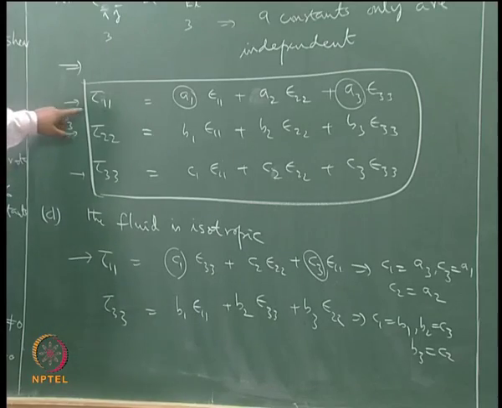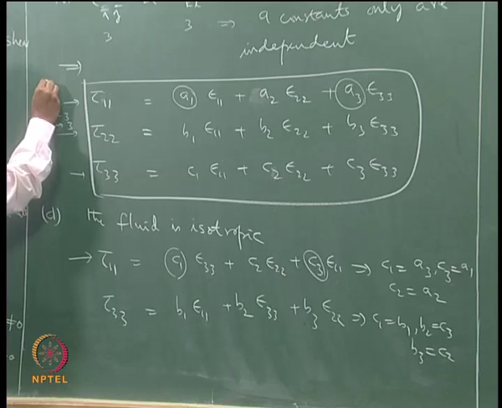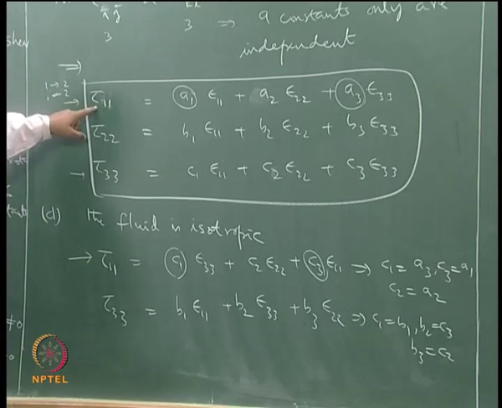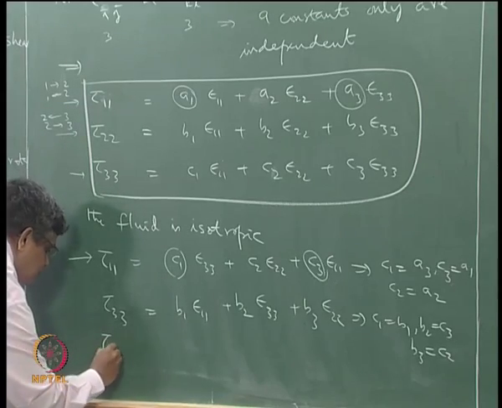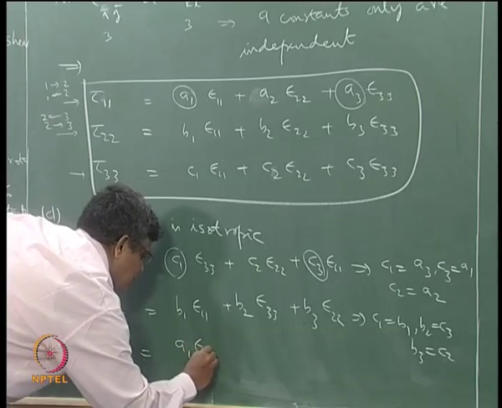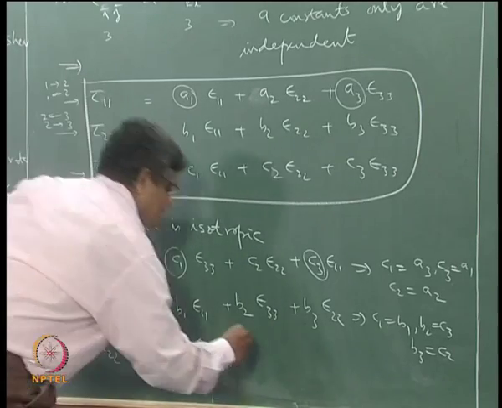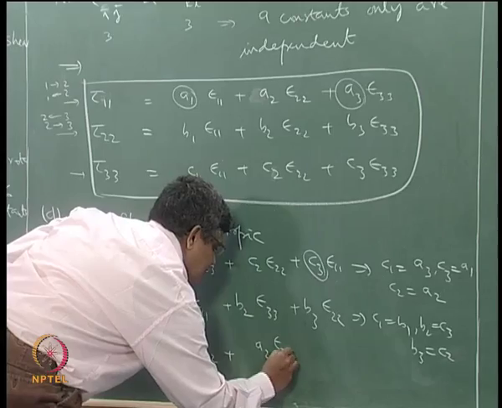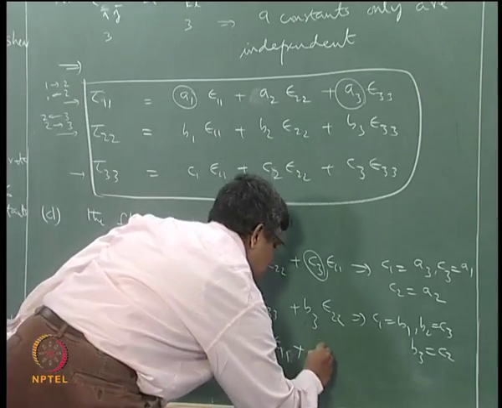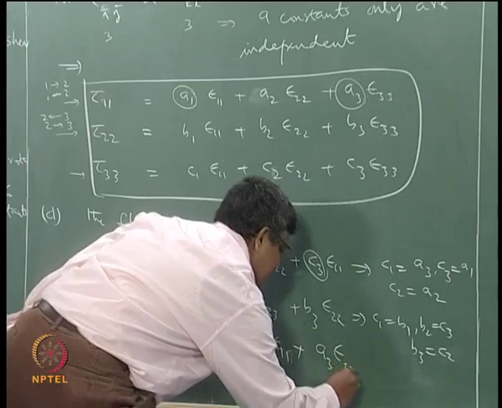Now let us do this change between 1 to 2 and 2 to 1. So this will give us tau 22 is equal to A1 epsilon 22 plus A2 epsilon 11 plus A3 epsilon 33.